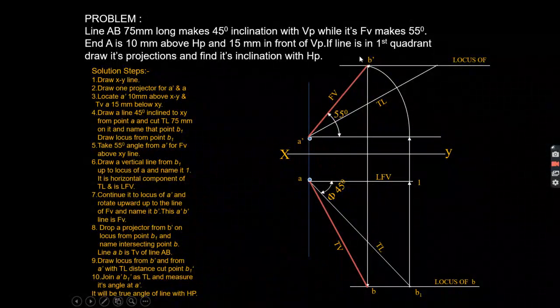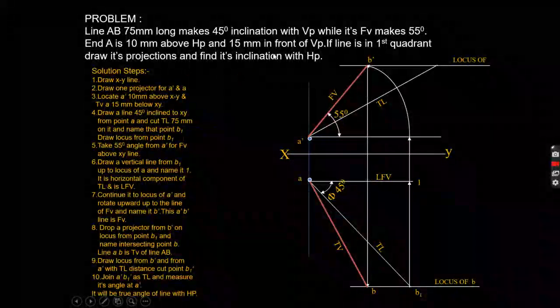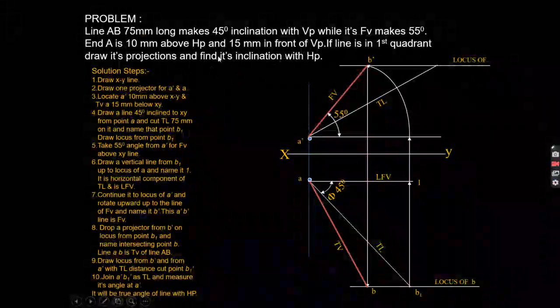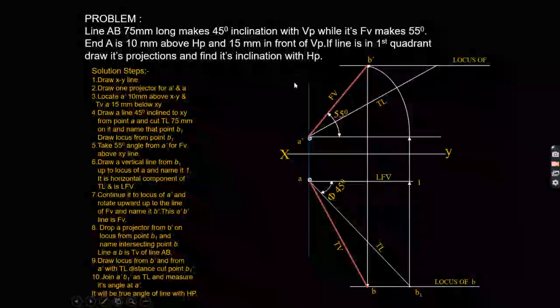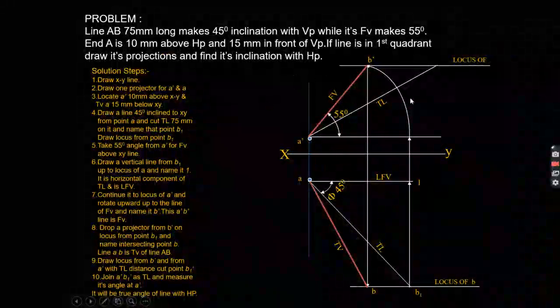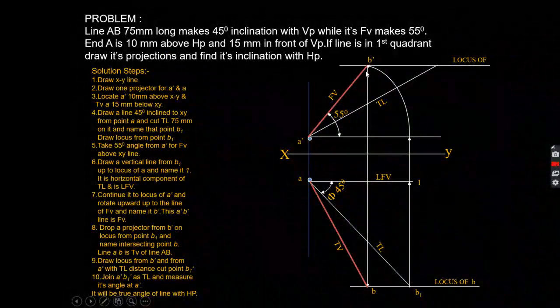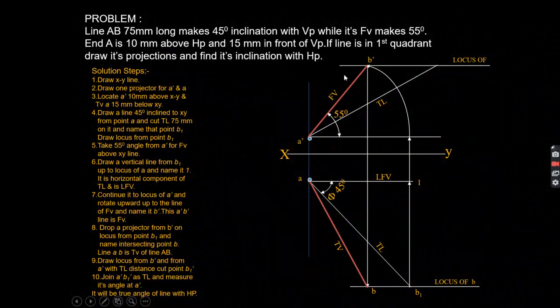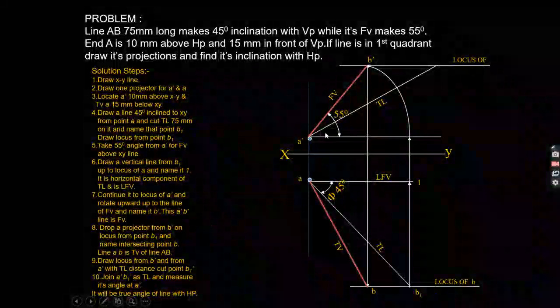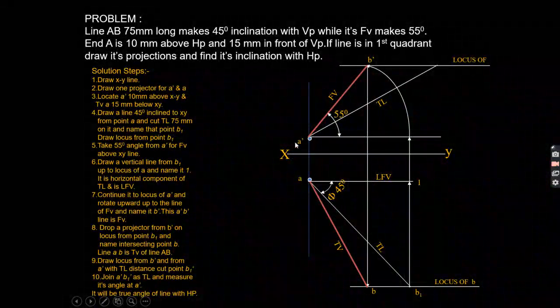Okay, after that it is asked in the question that you have to find the inclination with the HP. Okay, so for that, this is a point V dash we have got, and this is a horizontal line, and this is your point A dash.